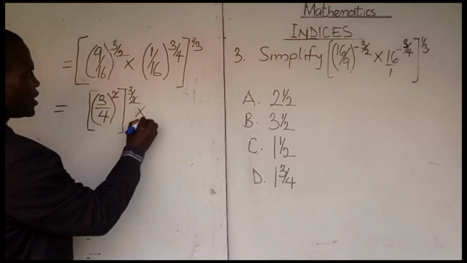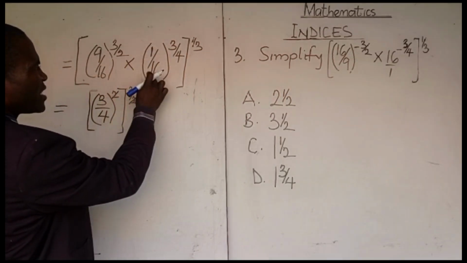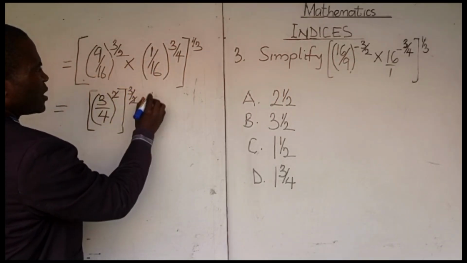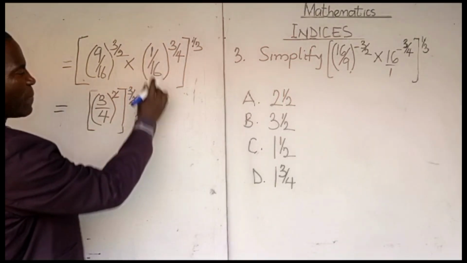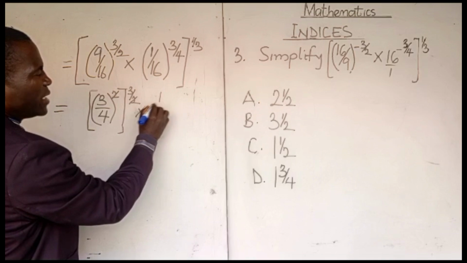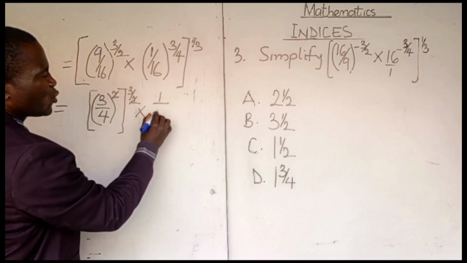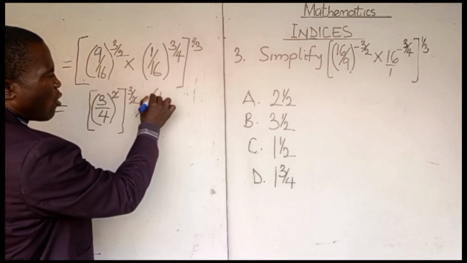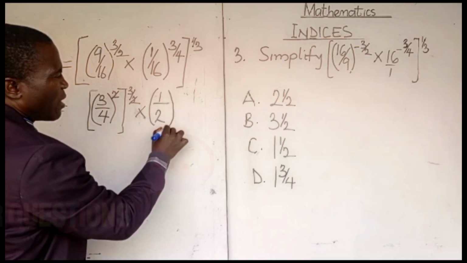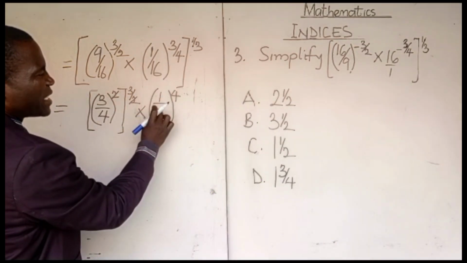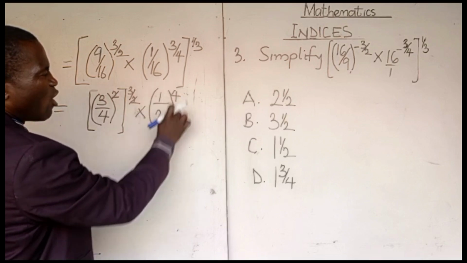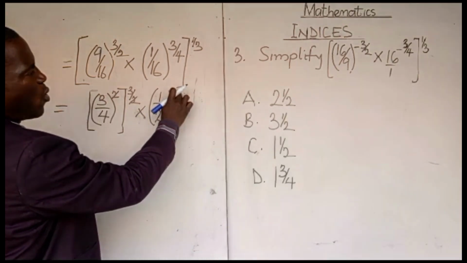Then again, let's proceed. Here is 1 over 16. 2 raised to power 4 can be obtained from 16. That is to say, we are going to have 1 all over 2 raised to power 4 altogether raised to power 4. 1 over 16 is the same thing as 1 over 2 raised to power of 4.